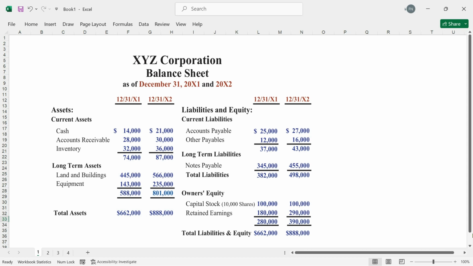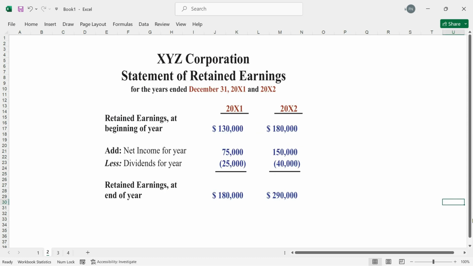Okay, that's enough with this basic format of the balance sheet. Now let's look at the format for a statement of retained earnings, which is not really a required general purpose financial statement under generally accepted accounting principles, but again is commonly provided.